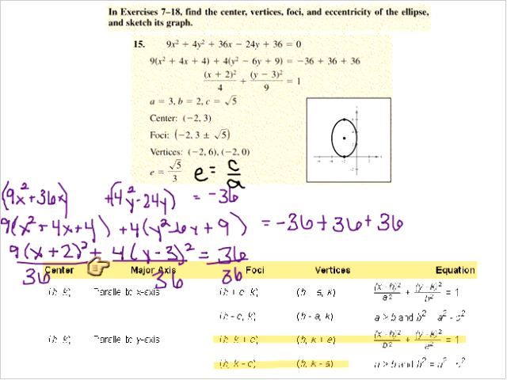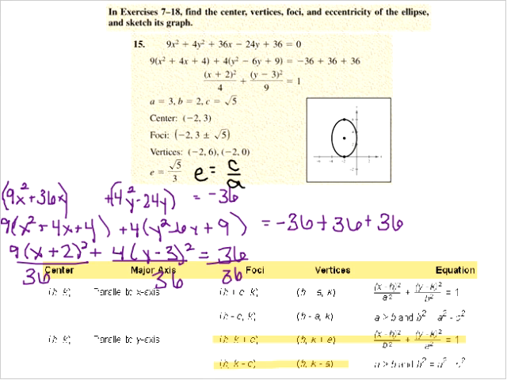So those are your centers. To find the foci, we notice that we are using this equation right here. 9 is larger, and it's under the y. So a squared is under your y. A in this case is the square root of 9, which is 3, and b is the square root of 4, which is 2.